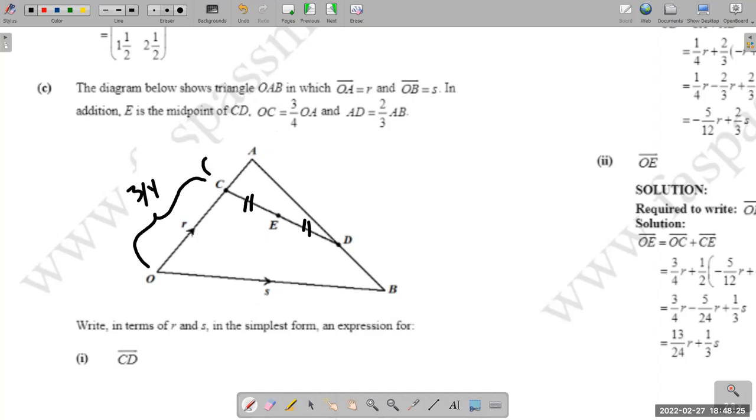So that means this one is what? 1/4. Everybody see that? Similarly, they said AD is 2/3. So here to here is 2/3. That means from here to here is what? 1/3.